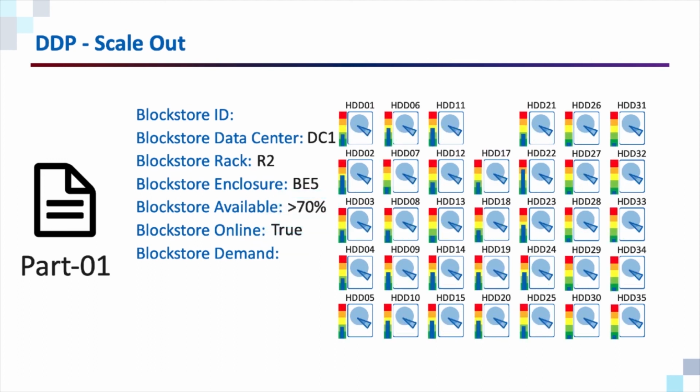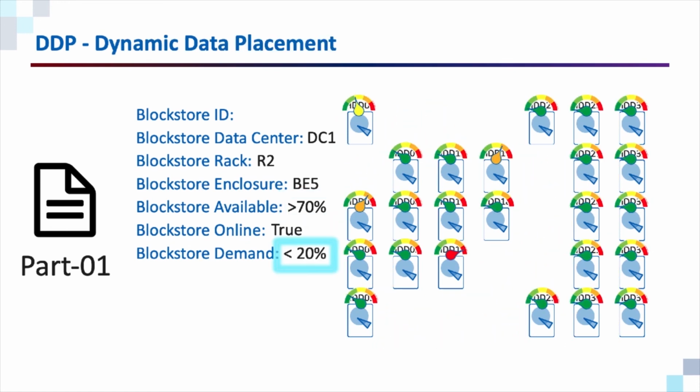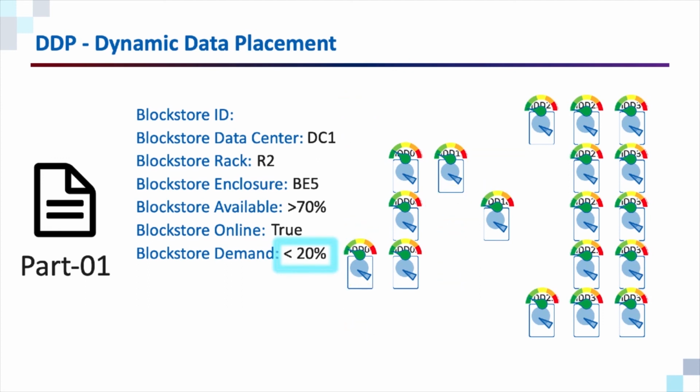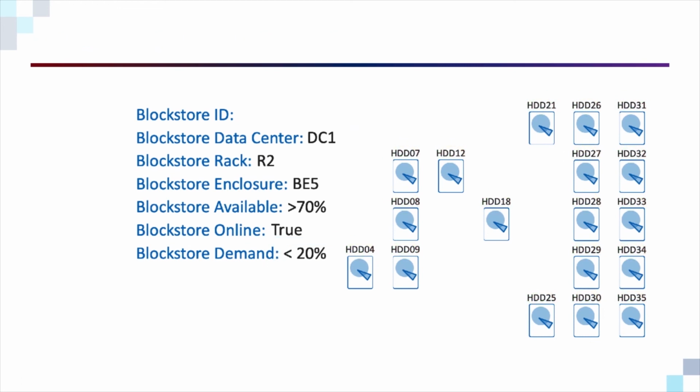Block stores that don't meet the availability threshold are filtered out of the selection set. And block stores that don't meet the demand threshold are filtered out. So we can now choose any of the remaining block stores in the selection set as a storage location.